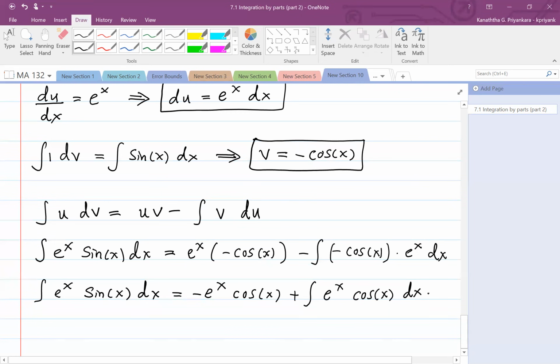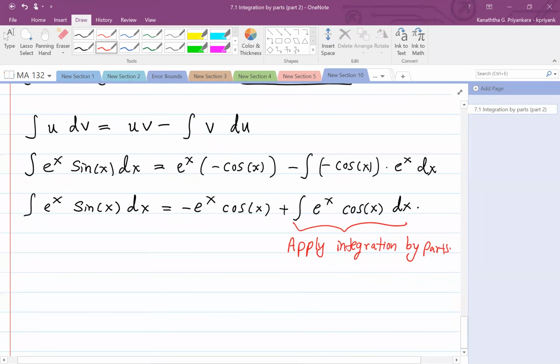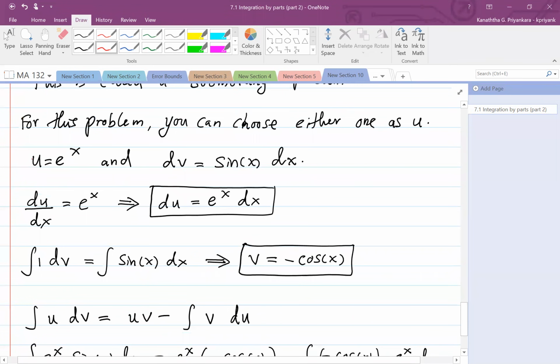Now again we have to apply integration by parts to this integral. As I said earlier, we choose u as e to the power x.